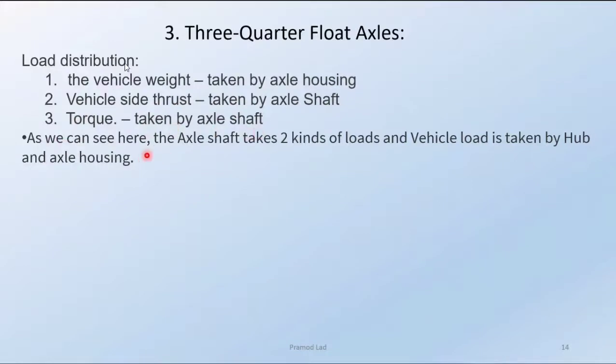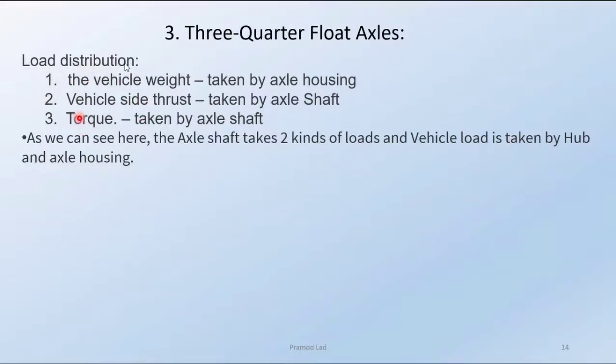As we can see here, the axle shaft takes two kinds of loads and the vehicle load is taken by the hub and axle housing. As we studied at the beginning, there are three kinds of load. One is vehicle weight, second is vehicle side thrust, and third is the torque. In the first case, that is semi-float, all the kinds of loads are taken by the shaft alone.